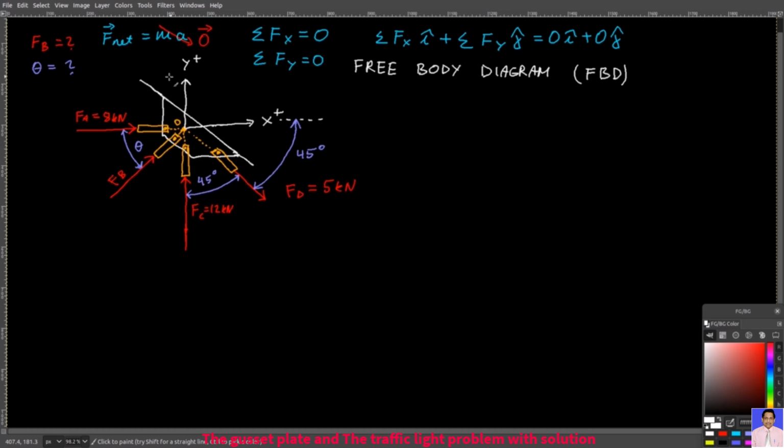And in general, these kind of problems where you have to find forces or other unknowns, they are called equilibrium problems of a particle.